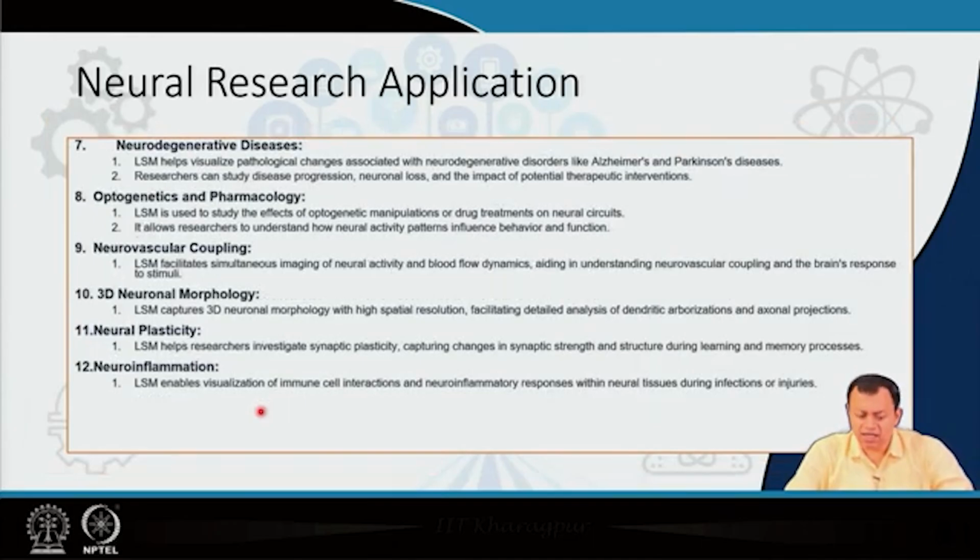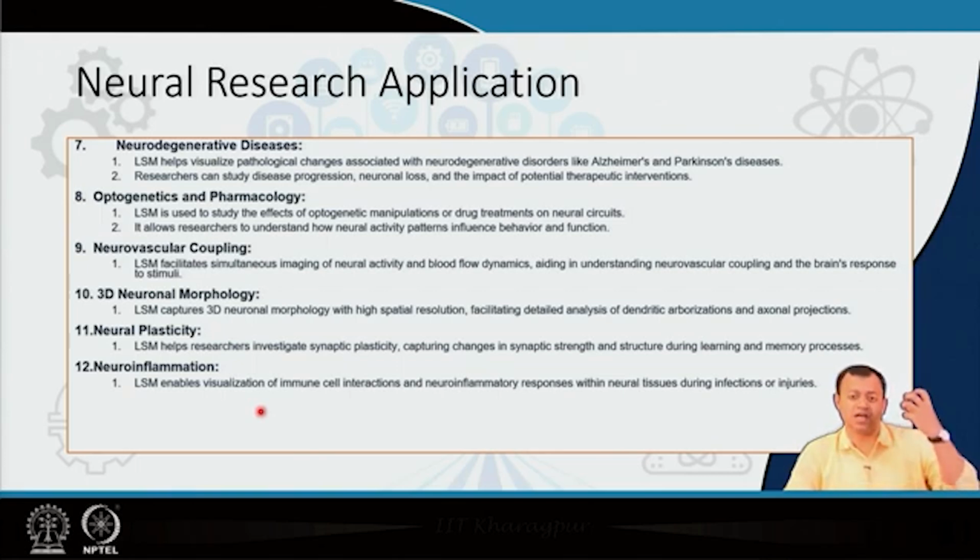Similarly, if you can look into the brain, you can map the brain in a 3D manner, you can look into various diseases that are associated with the brain, neuroinflammation, epilepsy. If you have given some sort of a drug, a pharmacological chemical, and then try to see how it is affecting the brain.